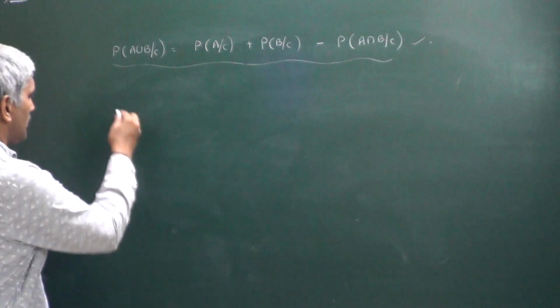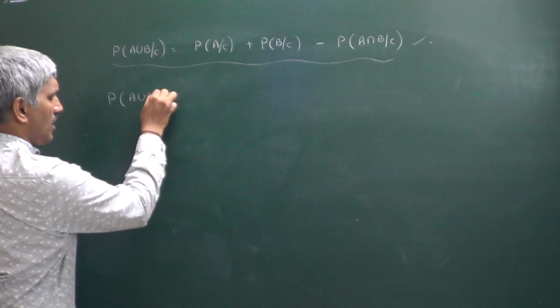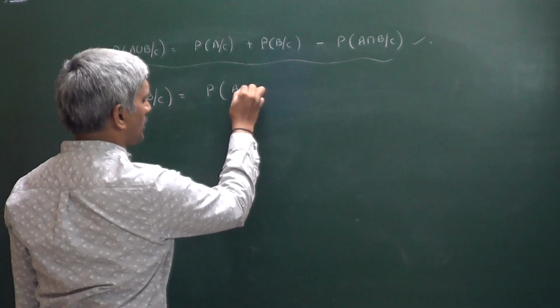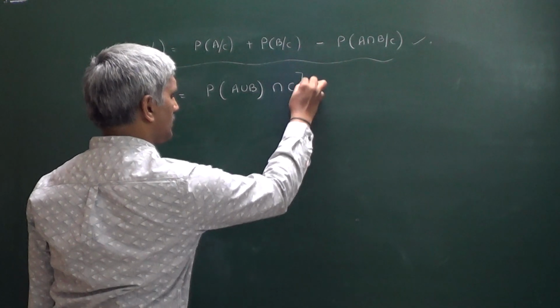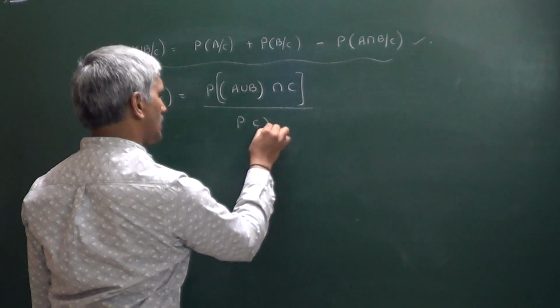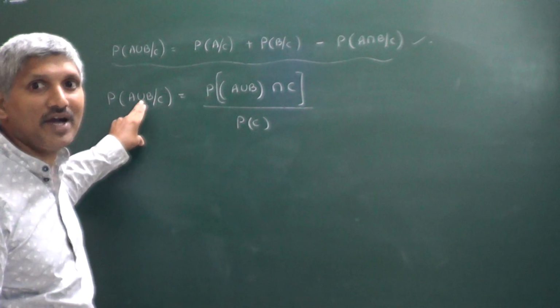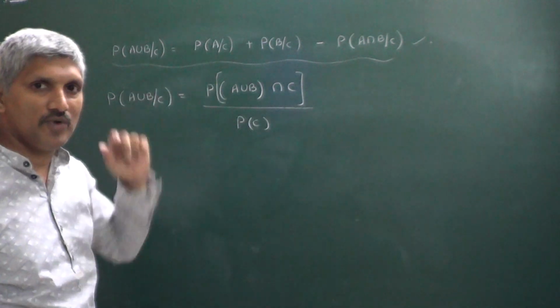Pay attention here. As you know, P(A ∪ B | C) can be written as P((A ∪ B) ∩ C) divided by P(C), according to conditional probability: P(X|C) is equal to P(X ∩ C) divided by P(C).